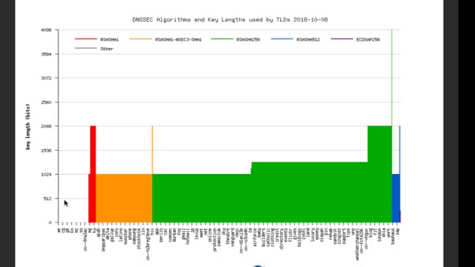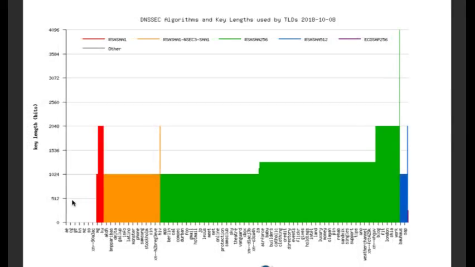Then there's this sort of small red blob, which is RSA SHA-1. There's an orange blob, which is RSA SHA-1 with NSEC3. The big green blob is algorithm 8, RSA SHA-256. There's a little bit of RSA 512. And then if you look really closely at the very end, you can see there are currently 2 TLDs using ECDSA algorithms.